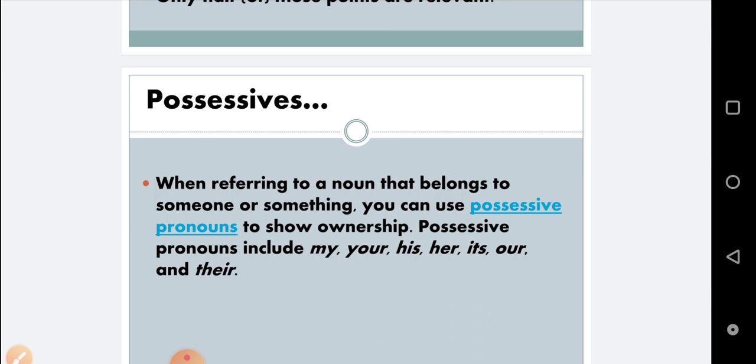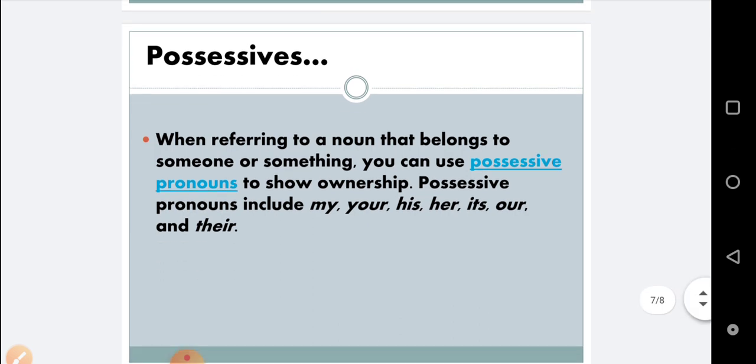This is my house. She is my best friend." So, when referring to a noun that belongs to someone or something, we use possessives and they are used to show ownership. Possessive pronouns include my, your, his, her, its, our, and their.